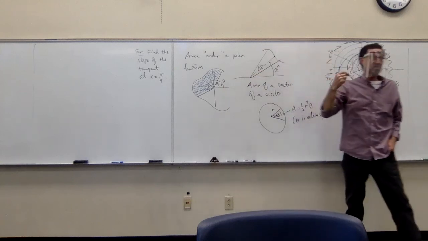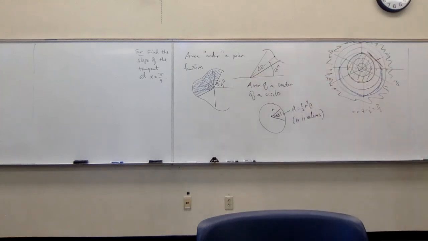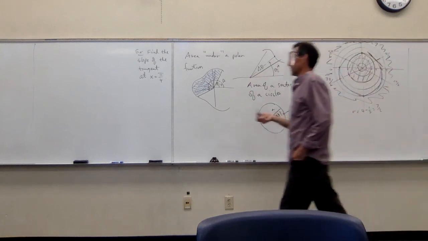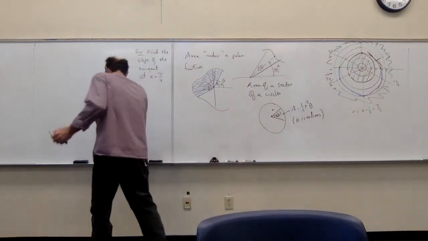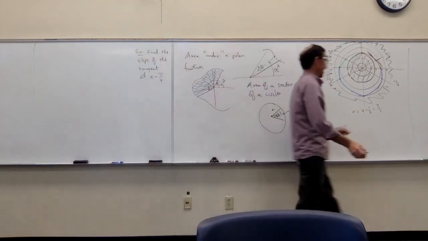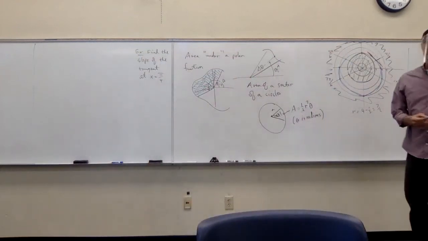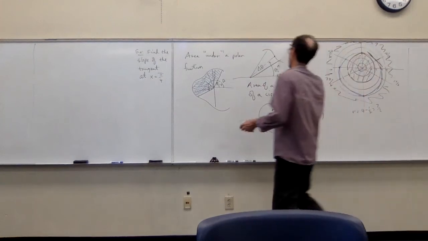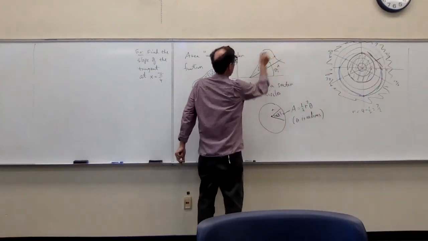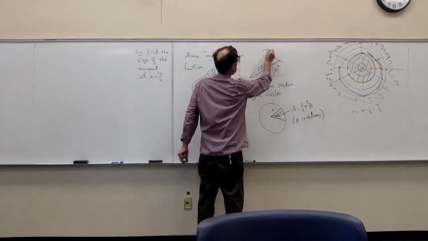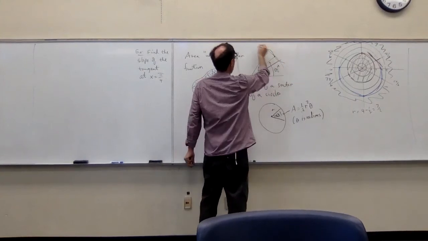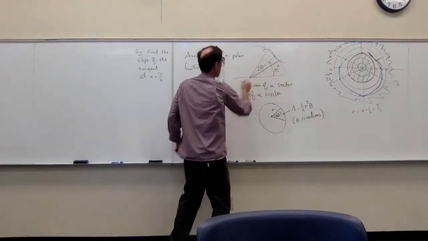This is the ith part of the partition. And then, in green, we approximate that area with a sector of a circle. So imagine the circle going sort of like that, a circle moving around this center point.